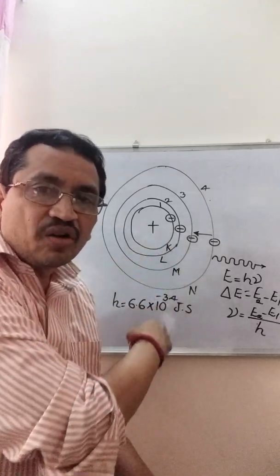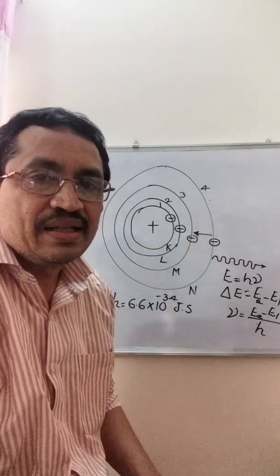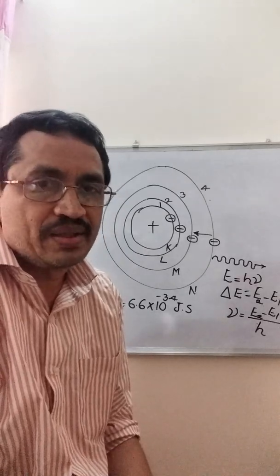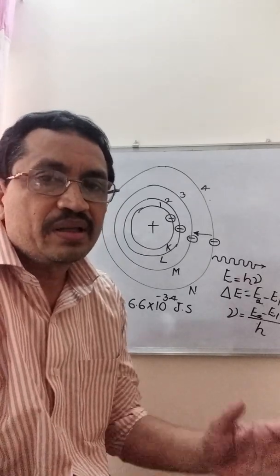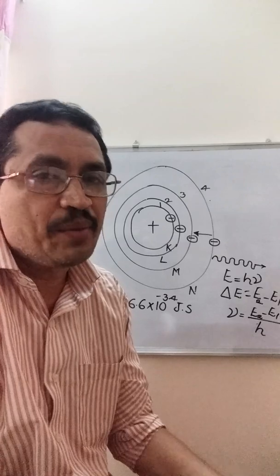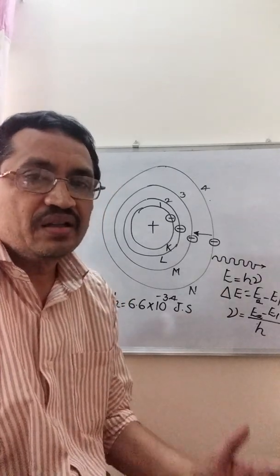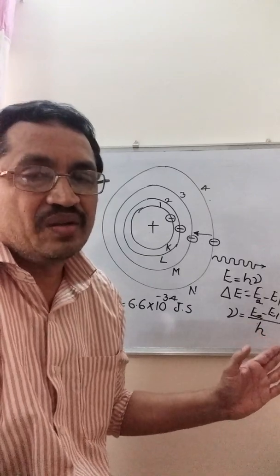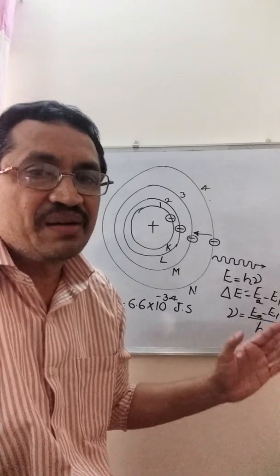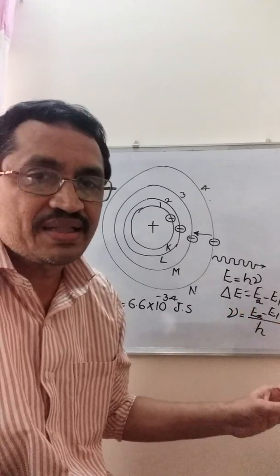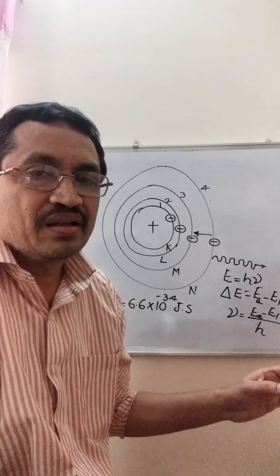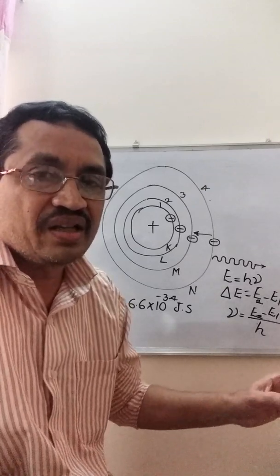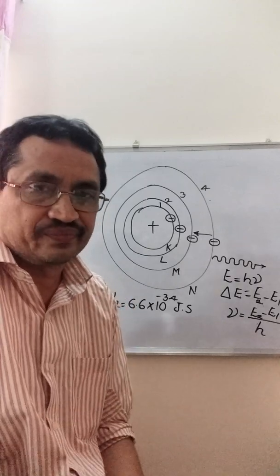The electrons are revolving around the nucleus in circular orbits continuously, but they are confined to the same orbit. In this state, the energy of the atom is fixed.